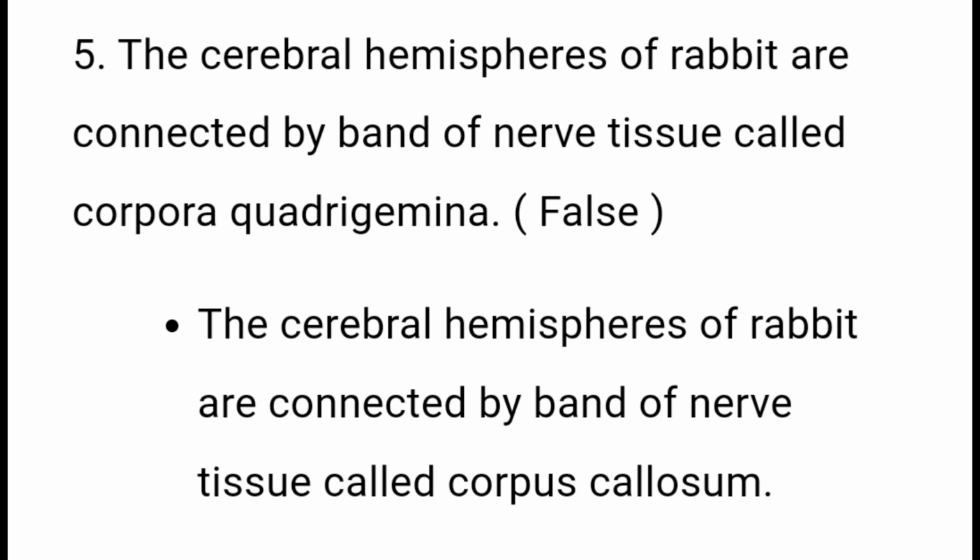Fifth one, the cerebral hemispheres of rabbit are connected by band of nerve tissue called corpora quadrigemina. The statement is false. The correct statement, the cerebral hemispheres of rabbit are connected by band of nerve tissue called corpus callosum.